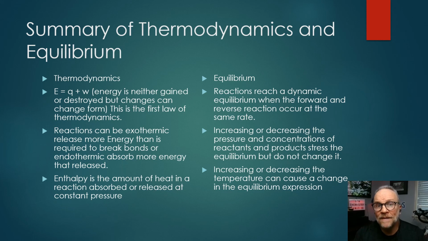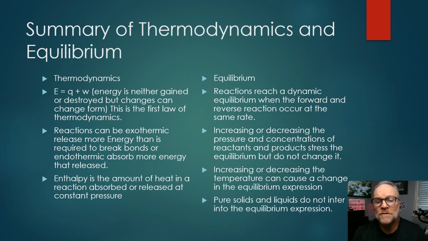And in this we talked about how the equilibrium wants to be maintained, and when we stress the system by increasing the amount of reactants or the amount of products, or we increase the pressure, if there's a difference in the number of moles, the reaction shifts to alleviate that stress, and we call that Le Chatelier's principle.